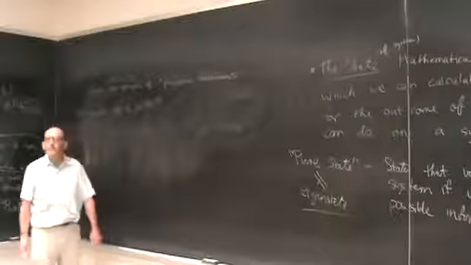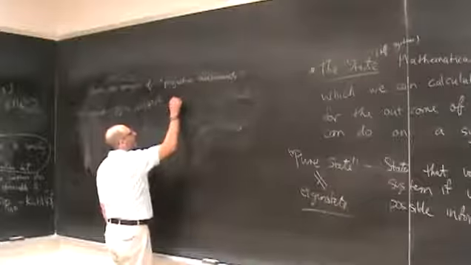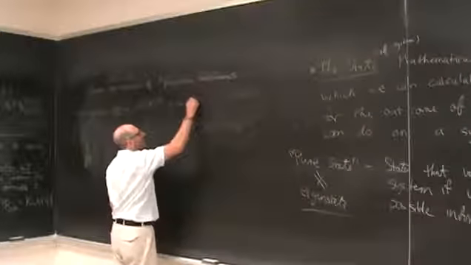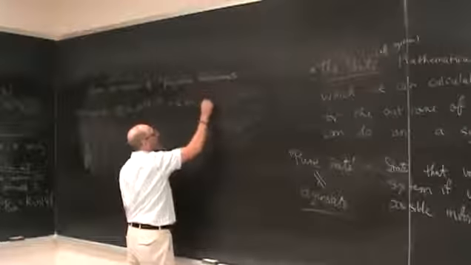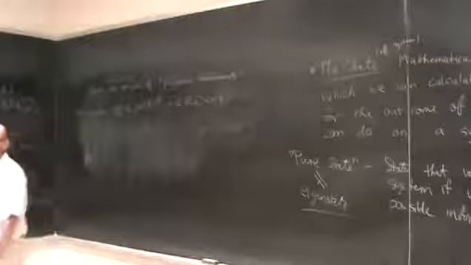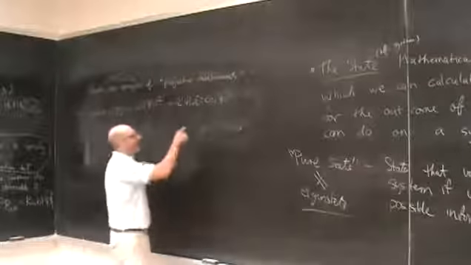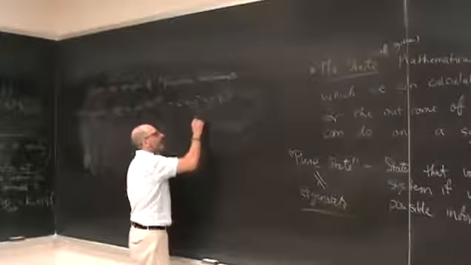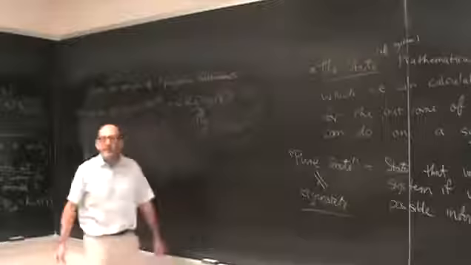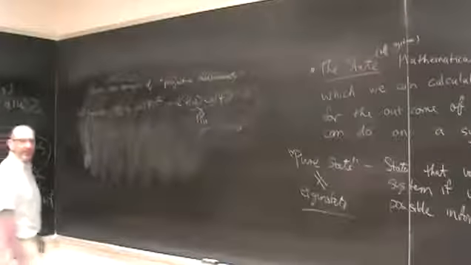I always assume my states are normalized unless stated otherwise, which is equal to this amplitude times its complex conjugate, psi star psi. Everyone remembers psi star psi. And this is the projection operator that projects me onto that direction in Hilbert space.